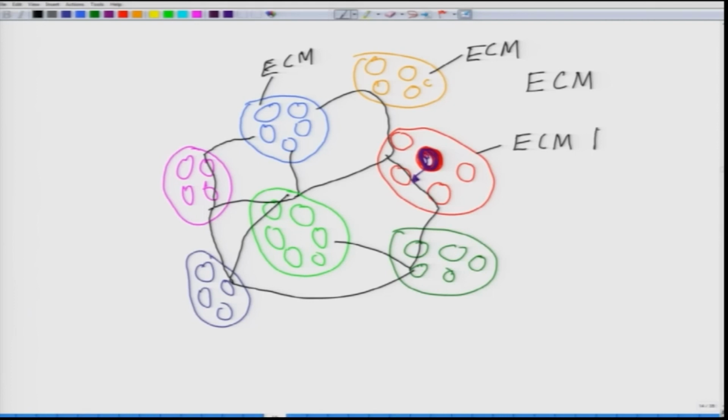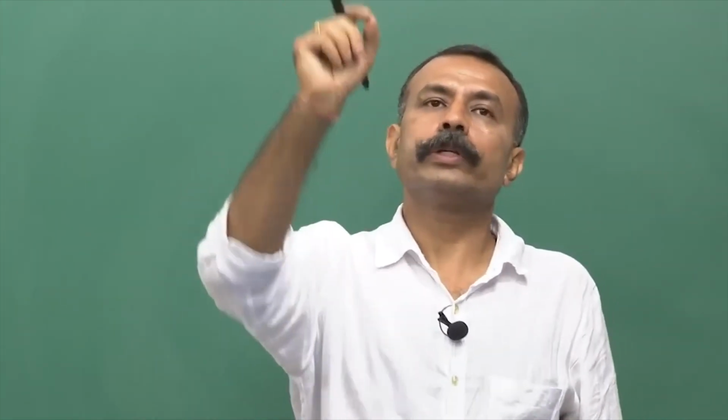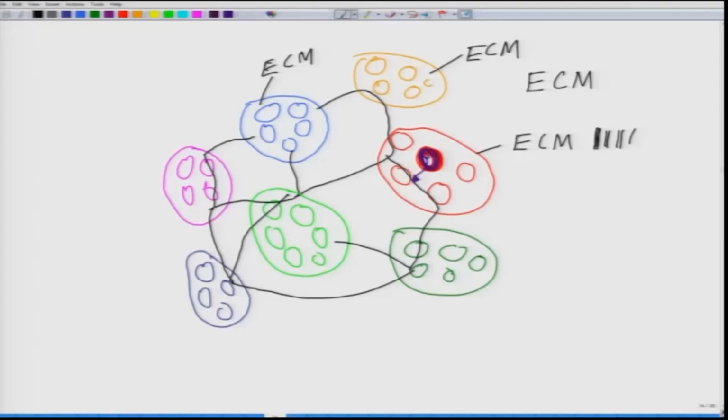ECM is their barcode. You remember the barcode? Whenever you buy some material, you see the barcode. It is the barcode of that cell which decides which part of the body it is going to grow. But here this rogue fellow decided that it will deceive the barcode, and it will go anywhere and it is going to grow.